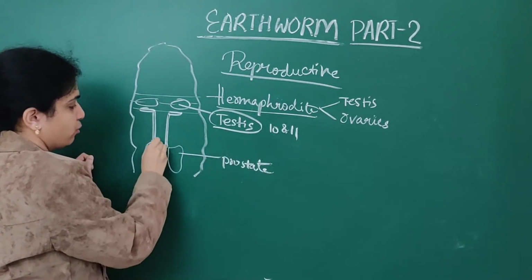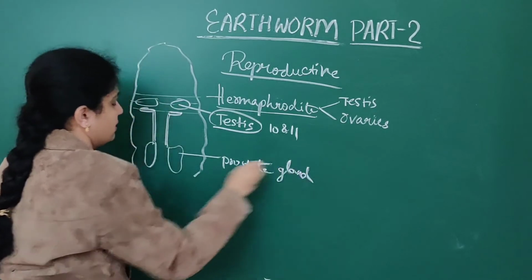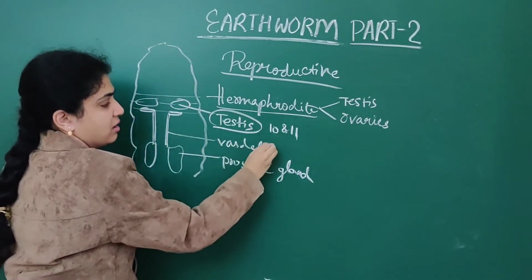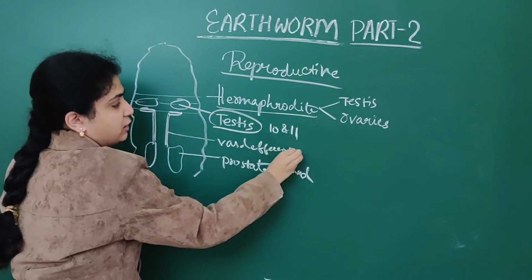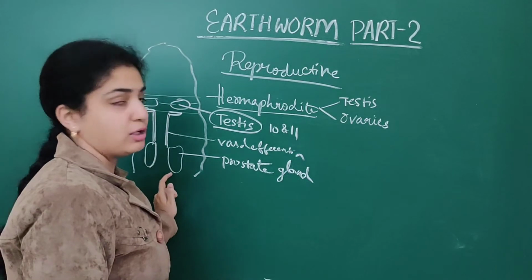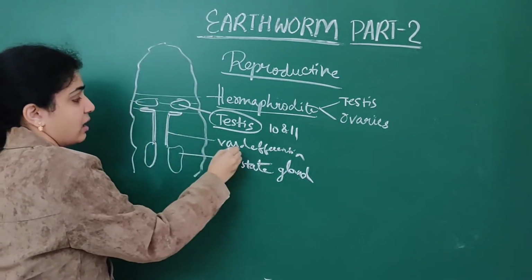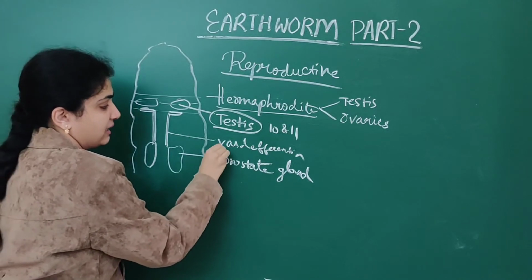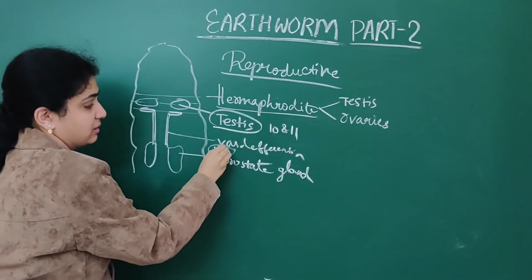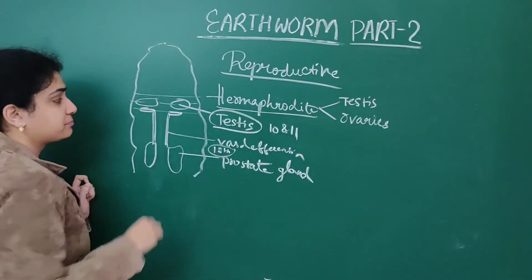They extend up to the 18th segment. These segments are important mainly in the earthworm.